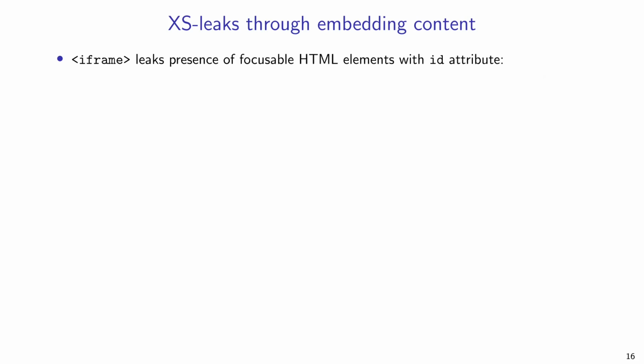Another iframe-based leak is that iframes can leak the presence of focusable HTML elements that have an ID attribute, meaning that a cross-origin website can determine whether a given ID is set anywhere on a target web page. So imagine that the target website for authenticated standard users includes a button to upgrade to a Pro account, where the button has the ID attribute set to pro.